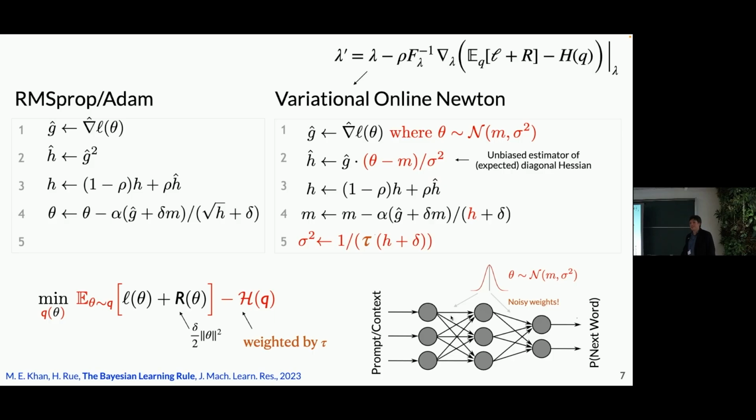Another question is that this algorithm introduced the entropy, and you said it relates to sharpness. I don't know why using this entropy could lead to wider, better minima.